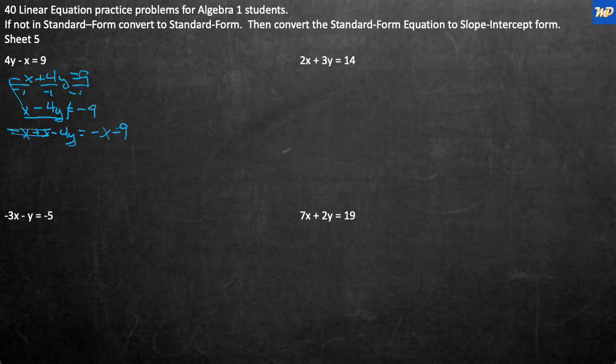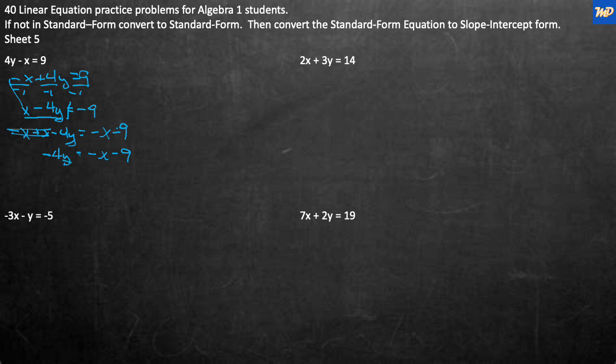So now we have minus 4y is equal to negative x minus 9. So we have to now get y by itself because we want one singular y of a positive nature, a positive term. So we have a negative 4. We're going to get rid of that negative 4 by dividing everything by negative 4.